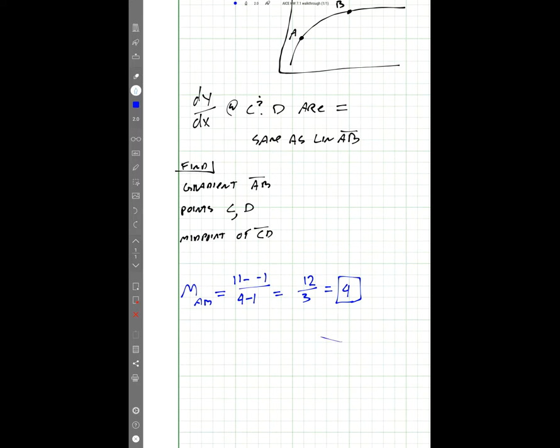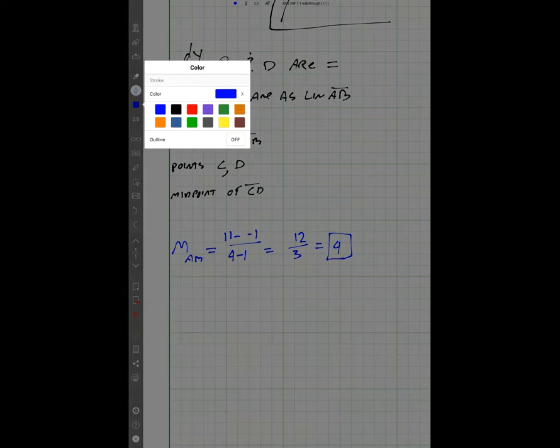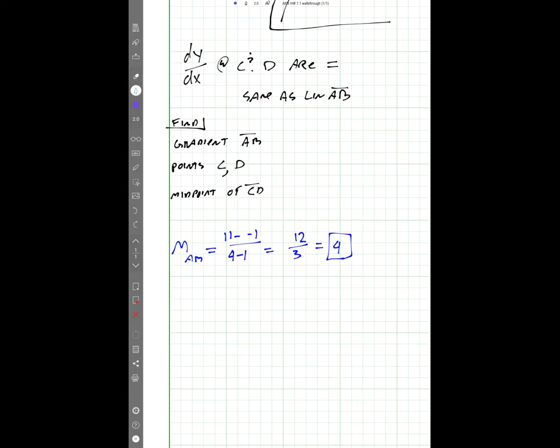So we found our gradient of 4. Now we need to think about where we use that. Well, we have a curve, so y equals 3x minus 4x to the negative 1 power. The tangent is parallel to AB, so it's where the slope is the same. So the slope of the tangent line is the derivative.